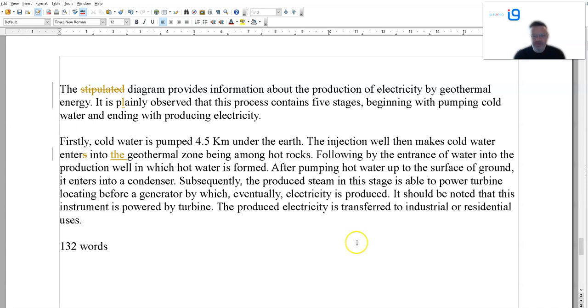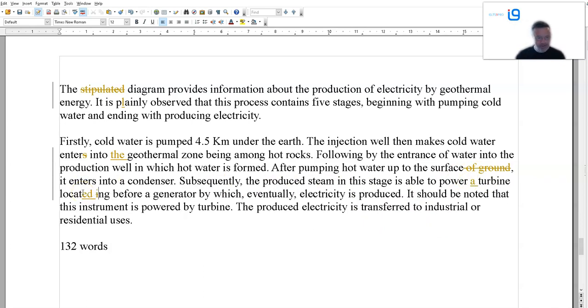After pumping hot water up to the surface of the ground, or simply up to the surface, enters into a condenser, produced steam is able to power a turbine, or the turbine, located before a generator, by which eventually electricity is produced. It should be noted.